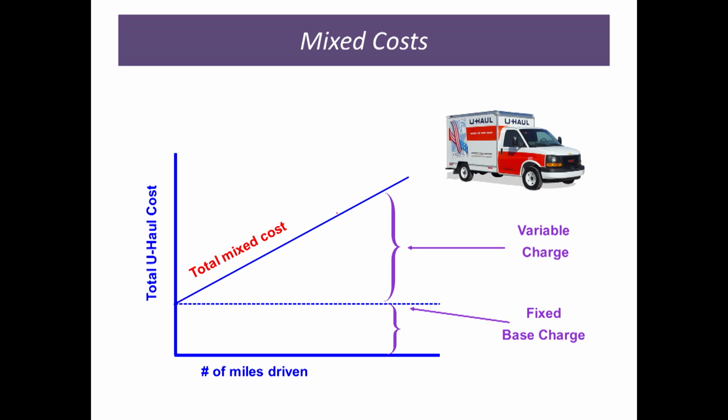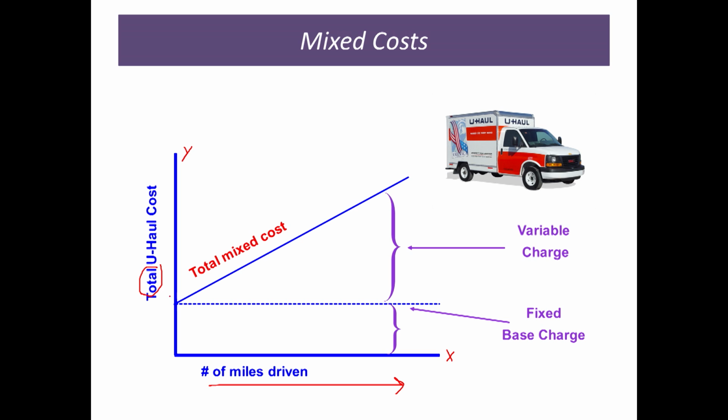So as the number of miles driven increases, the total U-Haul cost does increase. But this line does not originate down here at the corner where it's zero, right? It originates up this y-axis a little bit. That's the y-axis. This is the x-axis, correct?